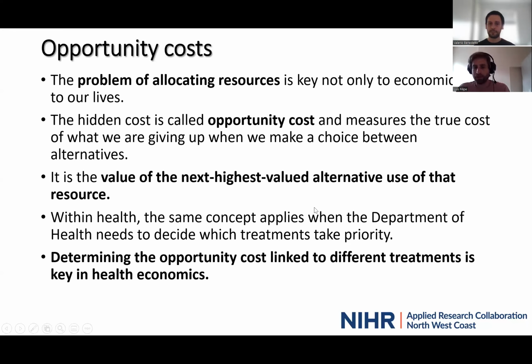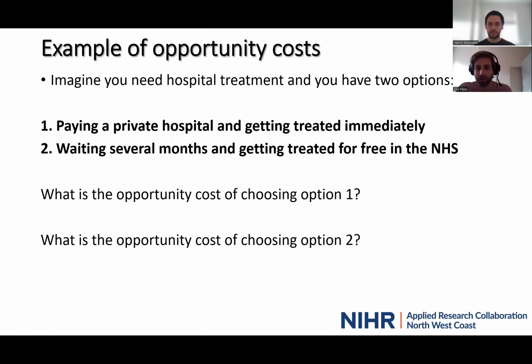They need to know that if they put some money to treat cancer, maybe they are not putting that money to treat respiratory diseases, and they need to be aware of the consequences to be sure that the benefits they are getting from putting the money into cancer are higher than the losses they are getting from not putting that money on another disease. This is key in health economics, and we are going to explain a little bit more during this presentation.